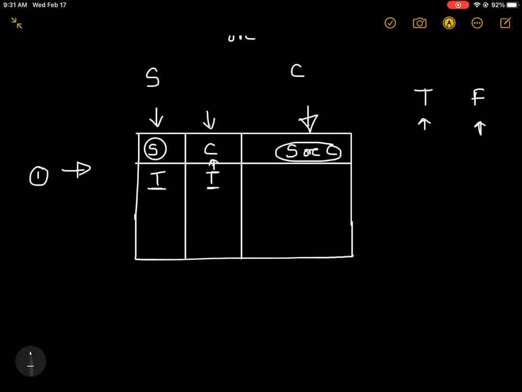Just try to understand. Don't straight away look at the solution. And I'll use T if it satisfies my requirement, or F if it doesn't. So what should I write? Should I write a T or should I write F?